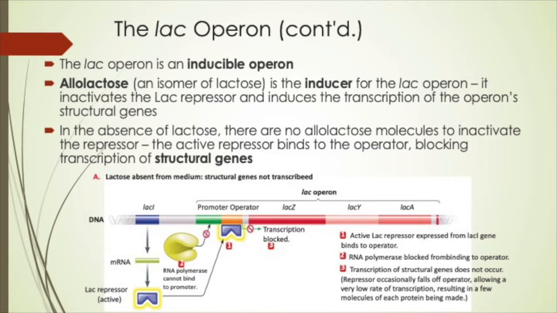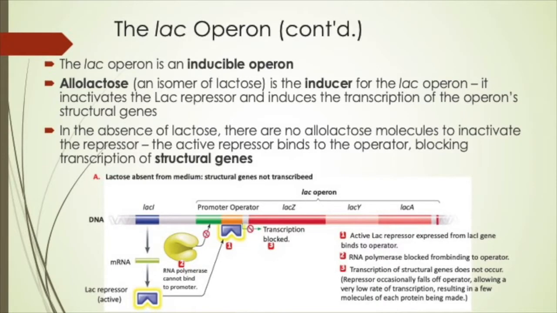The lac operon is an inducible operon though, right? It can be induced. If allolactose, an isomer of lactose, comes in, it's the inducer of the lac operon. It inactivates the lac repressor and induces the transcription of the operon's structural genes.